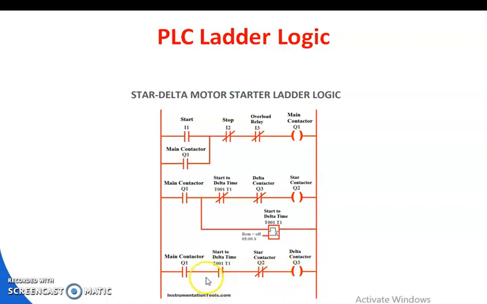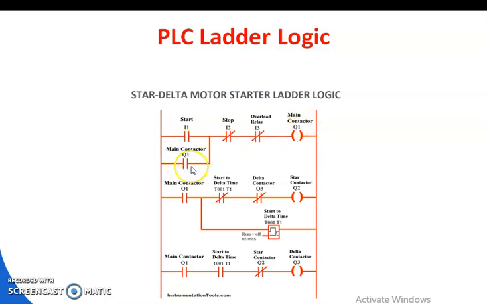So there are different contactor connections here, and this shows the star delta motor starter using ladder logic. This is ladder number 1, this is ladder number 2, this is ladder number 3. Ladder number 1 comprises the start switch I1, stop switch I2, overload relay I3, and main contactor Q1.